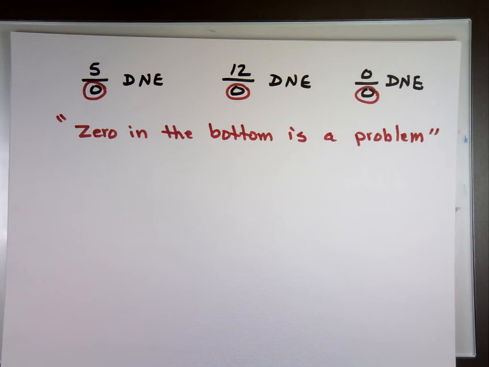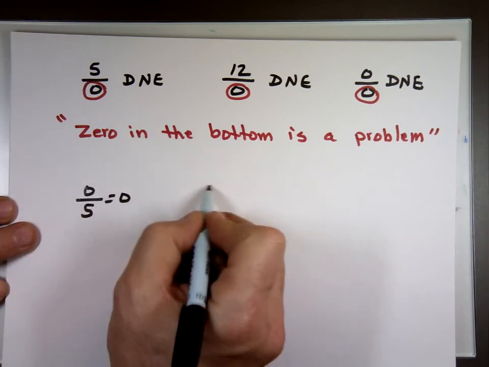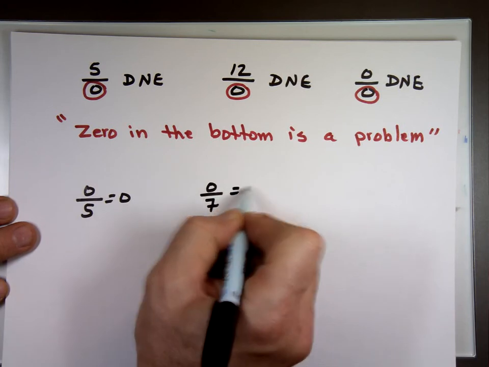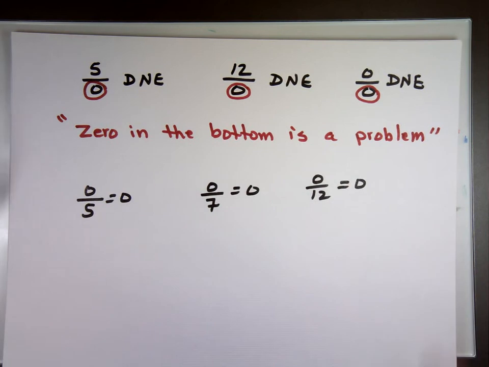Can't be done. No answer to that problem. You can have 0 on the top, you're okay. 0 over 5 is what? 0. 0 over 7, 0. 0 over 12, 0. It can be on the top, but not on the bottom.